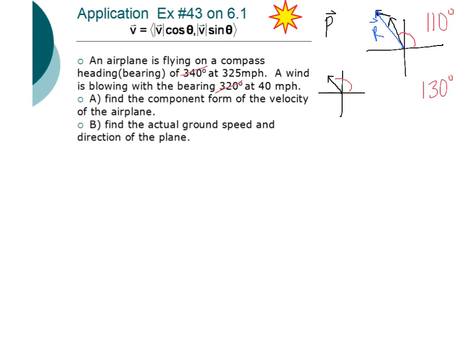Okay, let's come over to this side. I'm trying to write little because this is a big problem. I want to take my plane vector and add to it my wind vector.